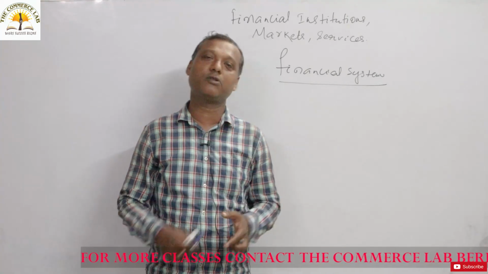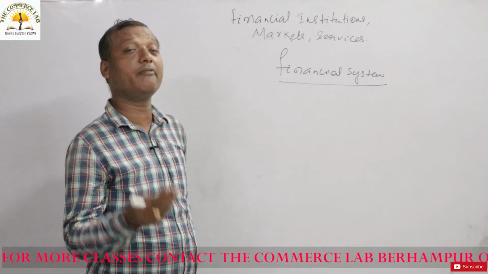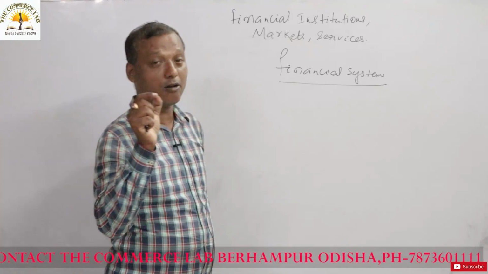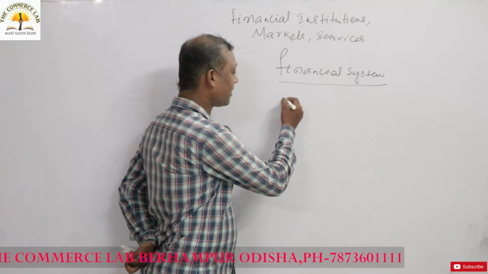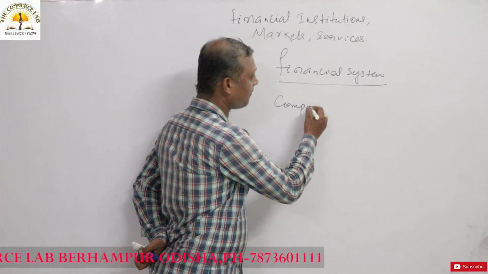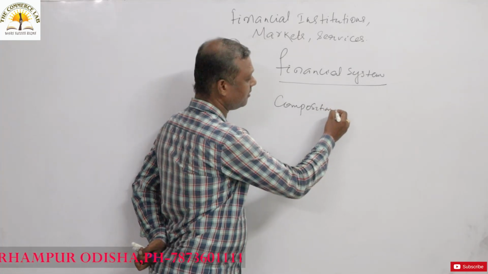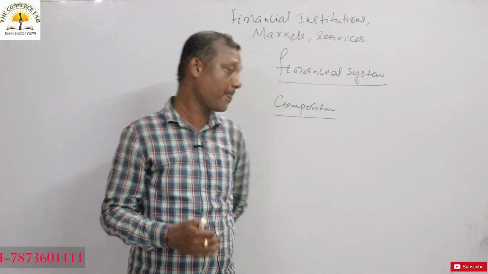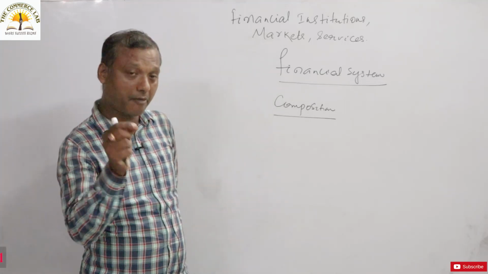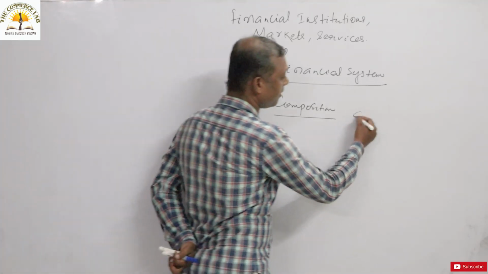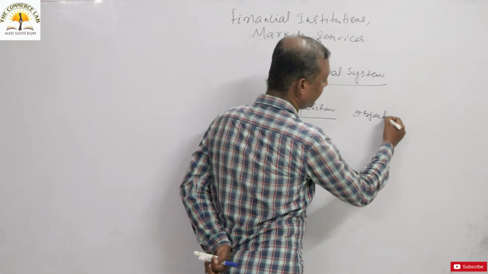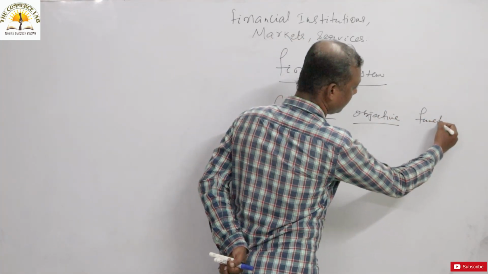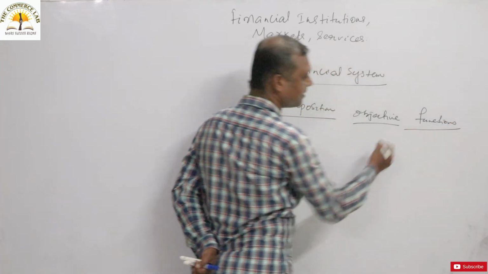Now we will discuss the composition, objective and functions of the financial system. Today we will talk about the composition. Let me write how a financial system is structured. We will discuss the objective of the financial system, and at last we will discuss the functions of a financial system.